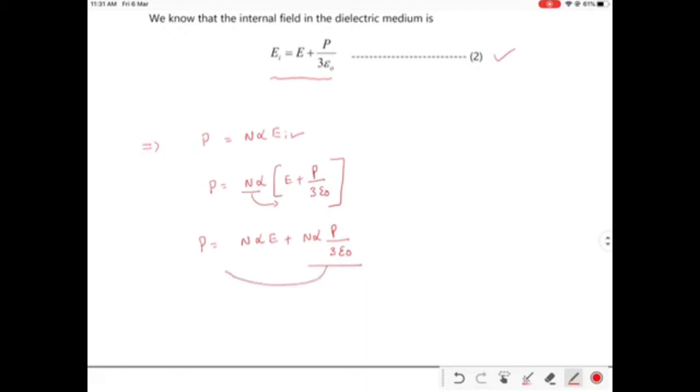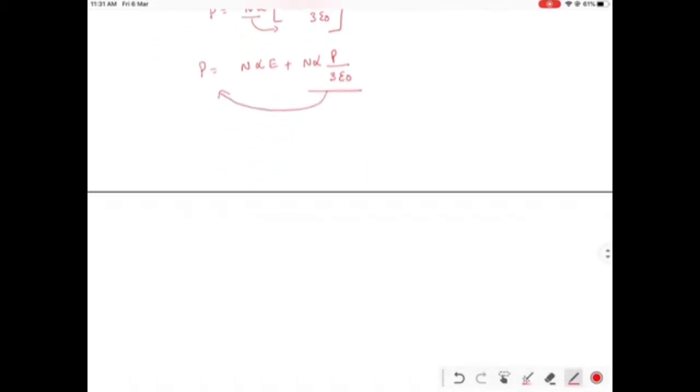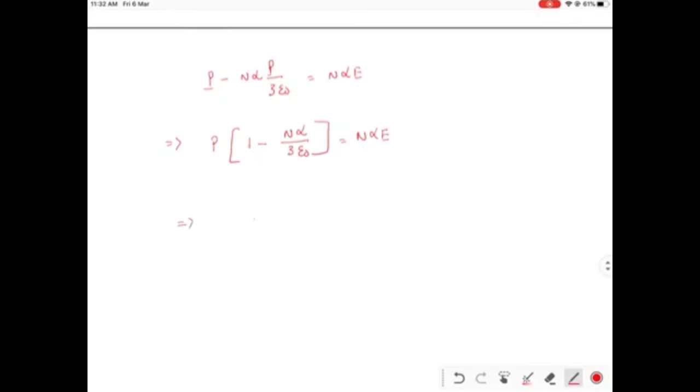Taking all the P terms to one side, P minus N alpha P by 3 epsilon naught is equal to N alpha E. P is a common factor, therefore P into 1 minus N alpha by 3 epsilon naught is equal to N alpha E. That is, P is equal to N alpha E by 1 minus N alpha by 3 epsilon naught.